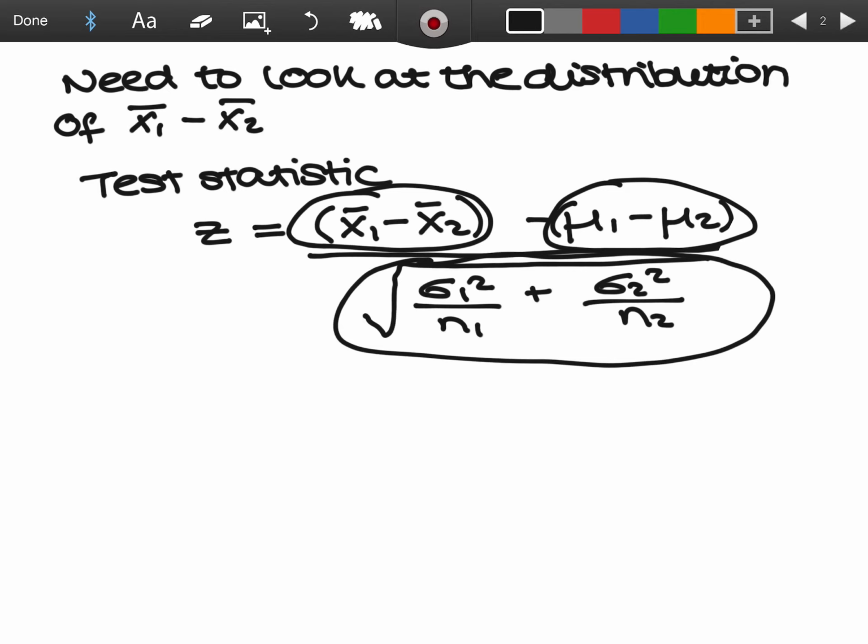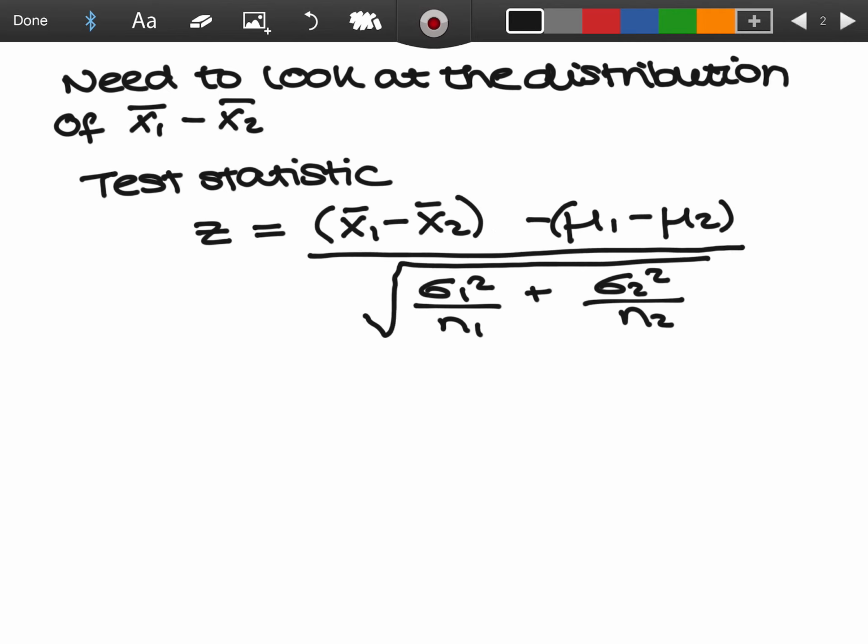We've got the difference in the sample means minus the difference in the population means, and then this term in the denominator is actually the standard deviation of the difference in the sample means. So it does look different this time because we've got two different sample means, two different population means, but it is very much the same setup. So keep this test statistic in mind as you go through this. As I said, your calculator will do it for you when you conduct one of these tests, but make sure that you know where it comes from, and it's a very similar setup to what we've had before.